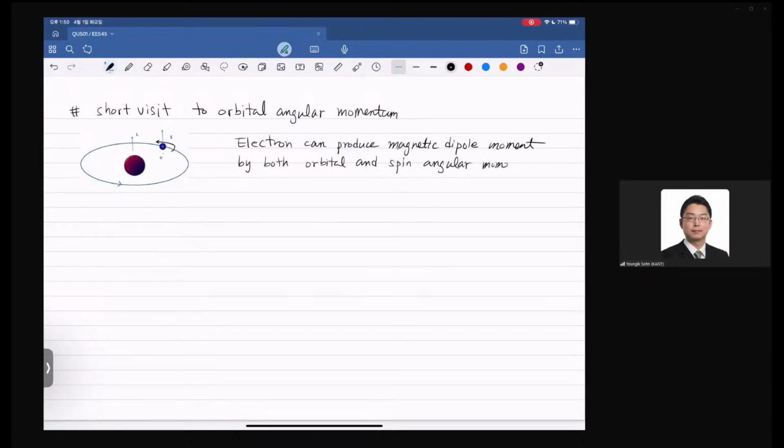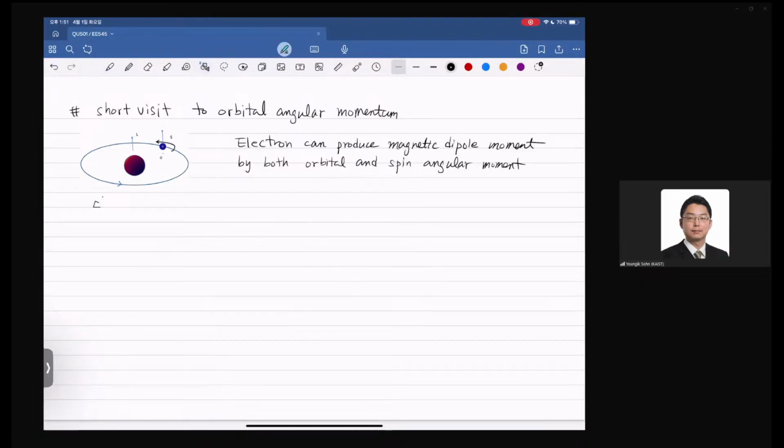So the orbital angular momentum, what is that? You can actually learn from classical mechanics and start from there, and you will have a lot of clues. So let's do it together.